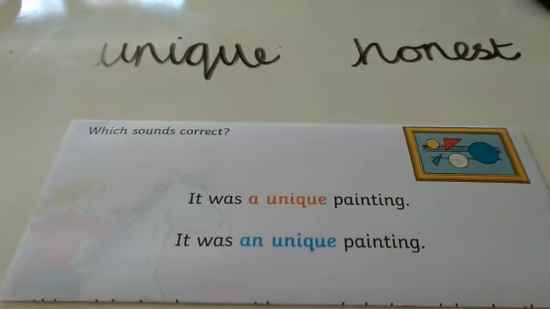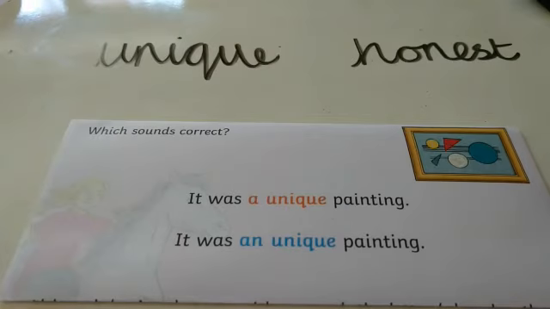Okay, we're going to look at the word unique now, which means different, individual, not like anything else, okay? So, which sounds correct? It was a unique painting, or it was an unique painting.